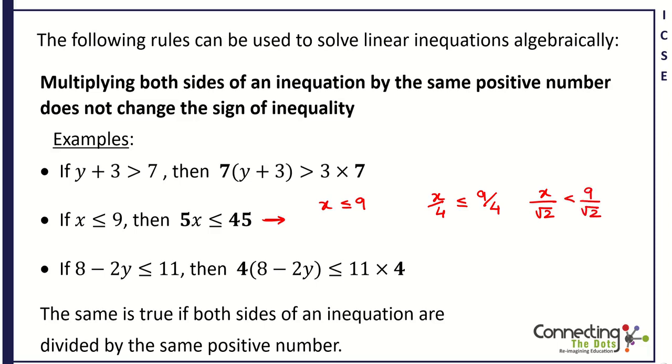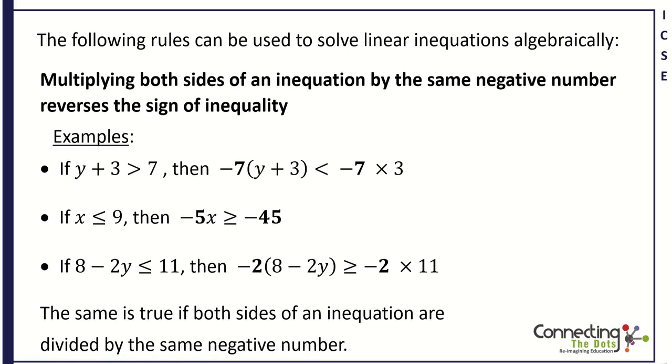It doesn't matter which positive number you take, the sign of the inequation does not change. So multiplication or division of both sides of an inequation by the same positive number does not change the sign of inequality.